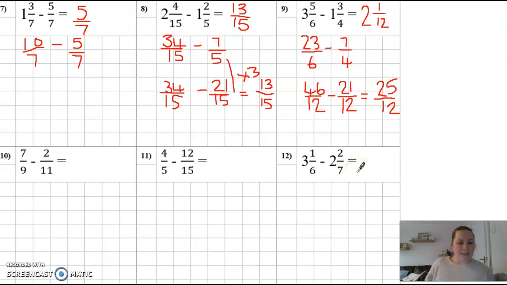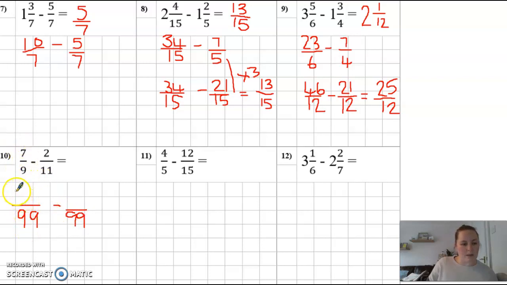Okay, number 10. 7 ninths and 2 11ths. No mixed numbers, but they're not the same denominator, so I've got to find a common one. Can't use 9 or 11, so I'm going to go in my times tables. Again, I'm going to find that 99 is the best one, and that is 9 times 11. So let's convert each one into a fraction over 99. So to go from 9 to 99, I'm timesing 11.